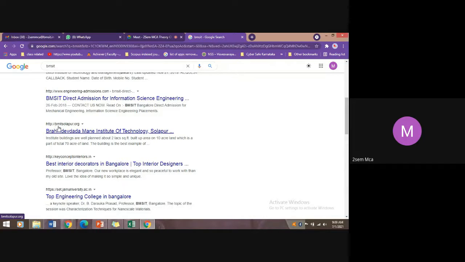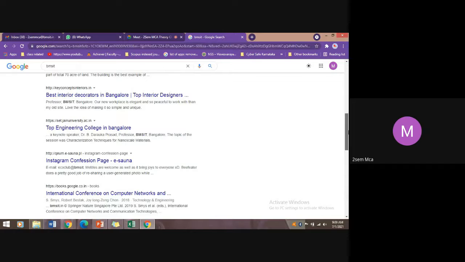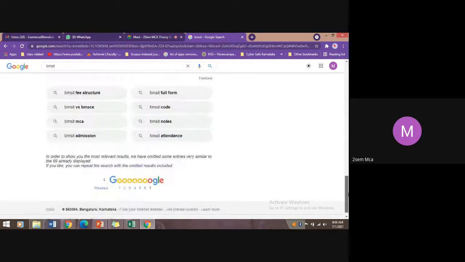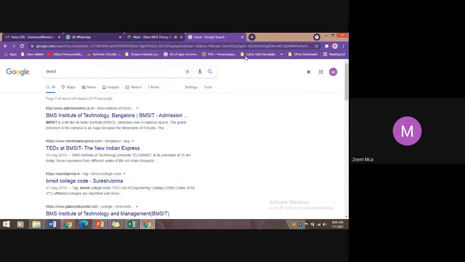Instead of BMSIT, BMITS. A small variation in the URL leads to some other website. So such things you need to be careful about before looking into any website. Before you click and use it, verify yourself as a user whether it is genuine or fake.